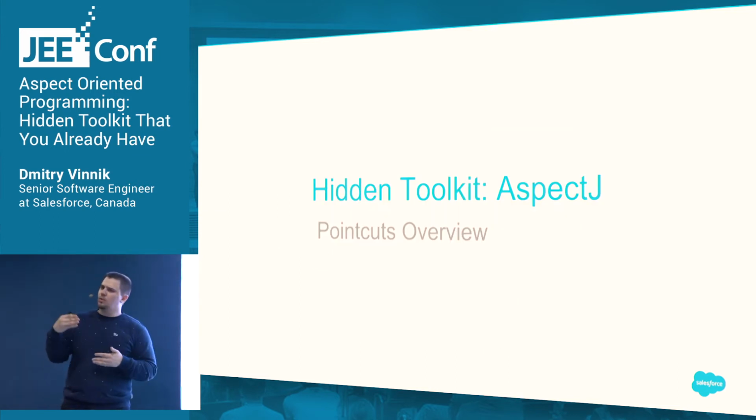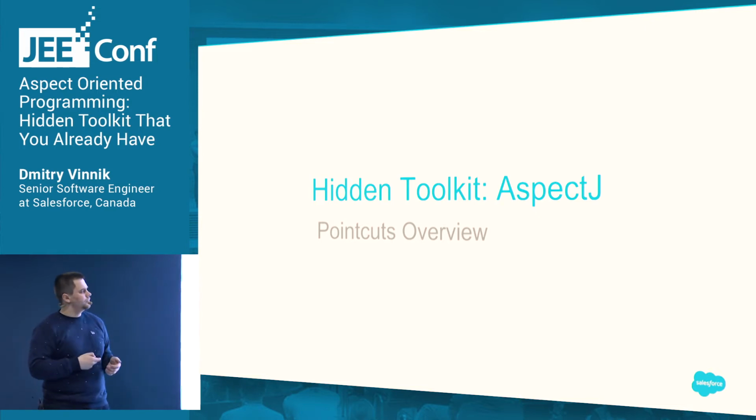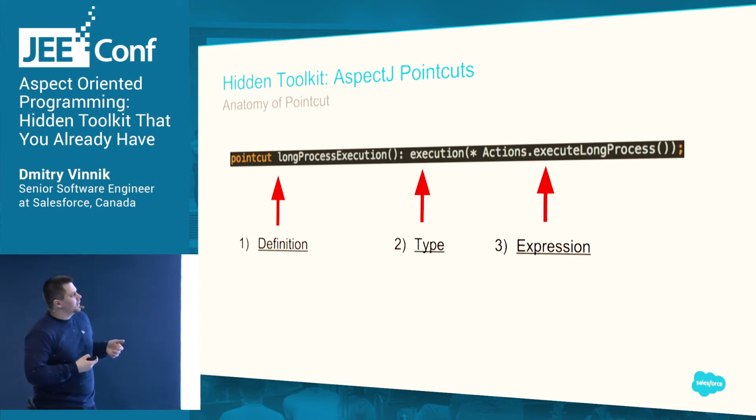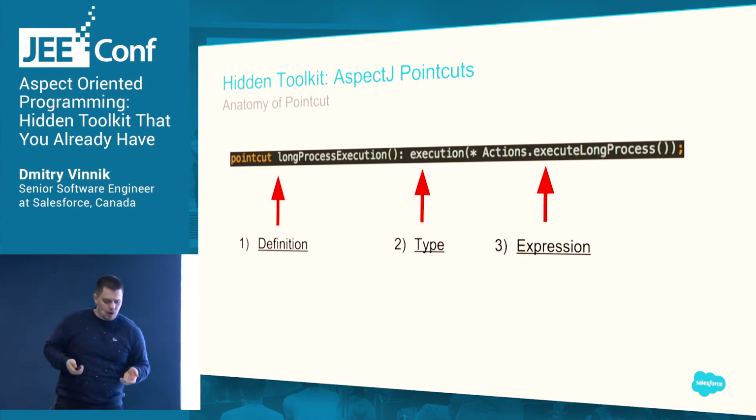And now, just to go step by step through those main parts of an aspect. The pointcut contains the next main sections. First, it's a definition: you have to define your pointcut. You begin by using the keyword pointcut, then you have some descriptive name.